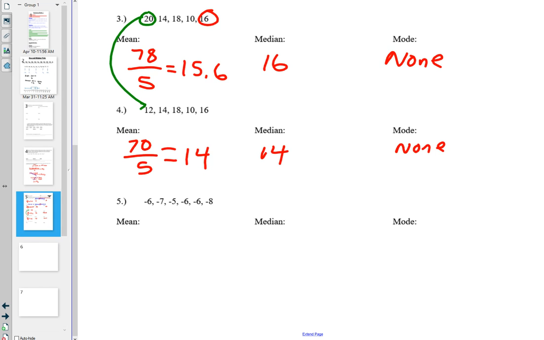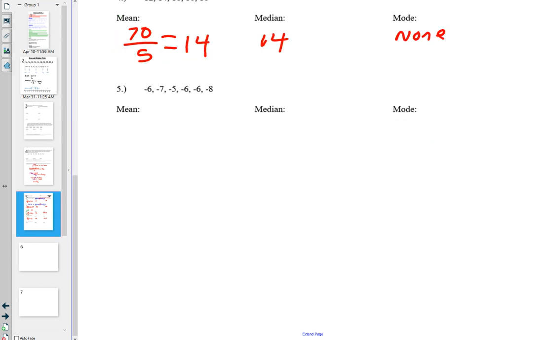Ooh, negatives. Fun. Okay. Mean. Well, since they're all negative, you're just going to add them and keep the negative. There's 6 of them. There's 6 numbers. That's 18, 26, and 12 is 38, negative 38.